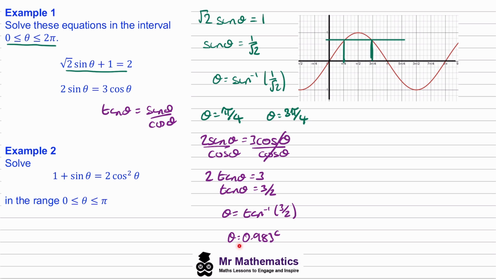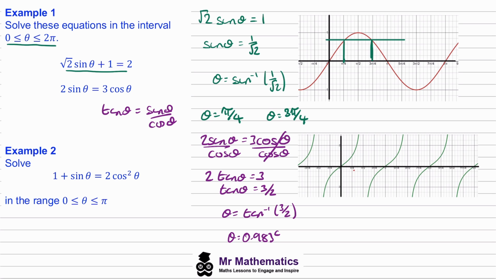And to find the other solutions within our range, we need to sketch a tan graph. So with our first solution is 0.983, this is just after pi over 4. So we're looking at about here. And within the range of 0 to 2 pi, we've got this solution, and we've got another solution at this point. So how do you think we could work out this value of theta?